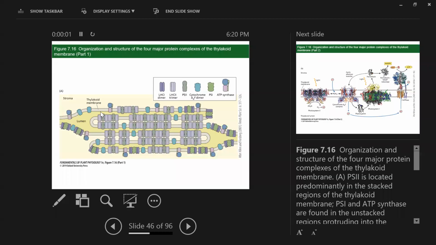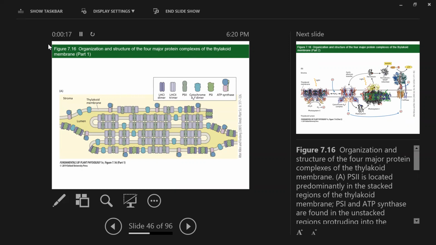Yeah, so we talked about that idea, how we show you that beautiful little mock-up drawing, but in reality, when you look at actual chloroplasts, they do sequester where certain complexes are located.